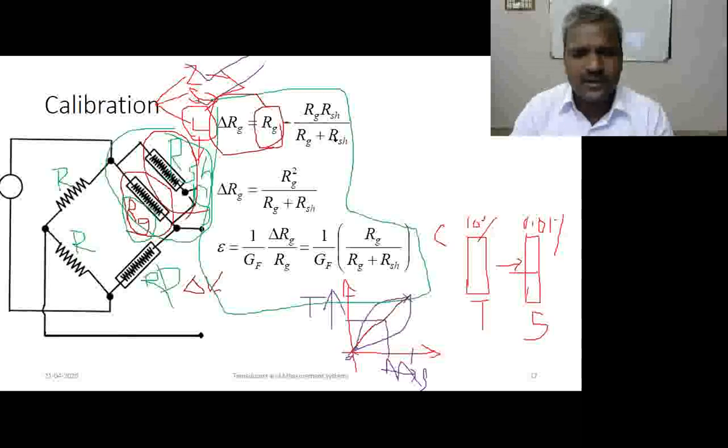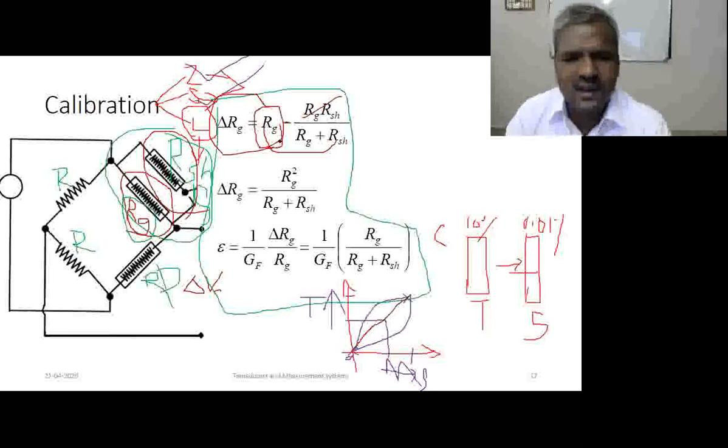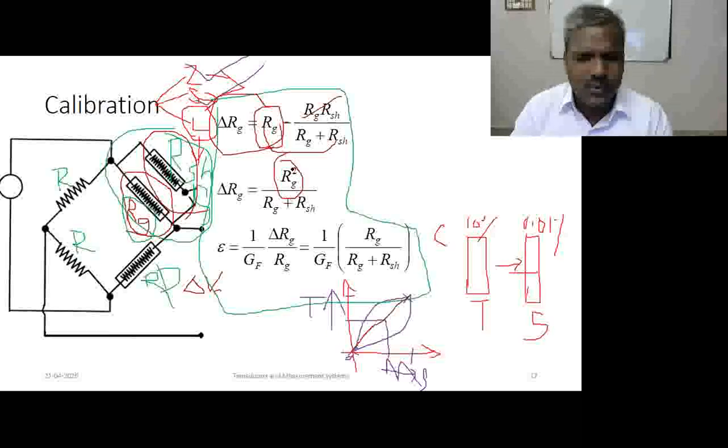If you multiply this out, Rg square minus Rg square, and Rg into RSH minus Rg into RSH cancel each other. Remaining is only Rg square in the numerator. So del Rg is equal to Rg square by (Rg plus RSH). If you bring one Rg here, you get del Rg by Rg.